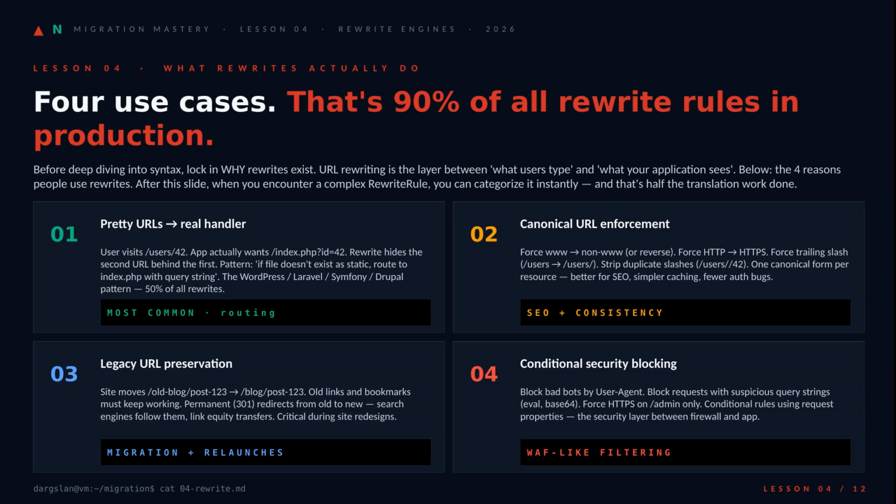Canonical enforcement, forcing www, HTTPS, or trailing slashes for SEO and cache sanity. 3. Legacy preservation, the 301 redirects that keep old links alive through a redesign. And 4. Conditional security blocking, your WAF light layer for bad bots and suspicious payloads. Categorize first, translate second. That's half the work already done.